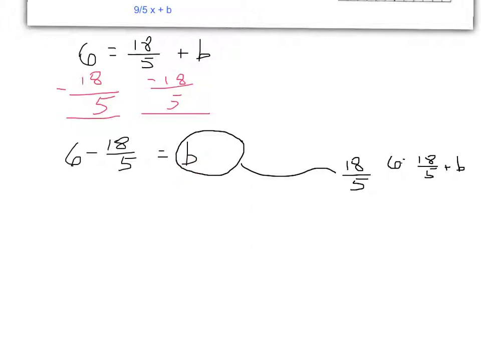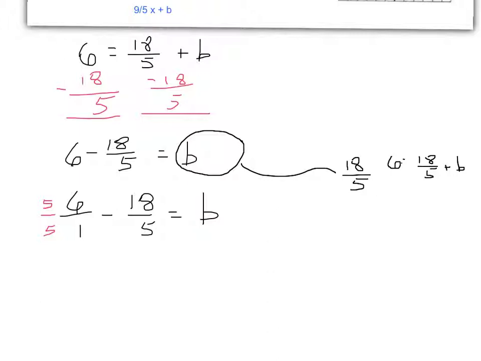Now let's talk about how to subtract a whole number and fractions. So we change the whole number to a fraction. That's 6/1 minus 18/5 equals b. We have two fractions. We need a common denominator, and that common denominator will be 5. So the second fraction has a 5 in the denominator. To get the first fraction to have a 5 in the denominator, we multiply it by 1, because you can multiply anything by 1 and not change its value.